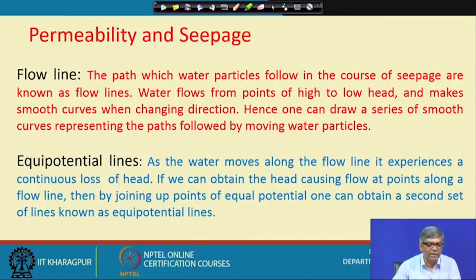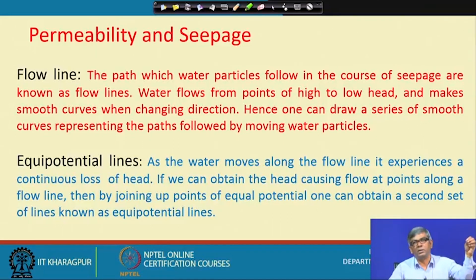The path which water particles follow in the course of seepage is known as a flow line. Water flows from points of high head to low head, always from higher elevation to lower elevation, and makes smooth curves when changing direction. Hence, one can draw a series of smooth curves representing the paths followed by moving water particles.